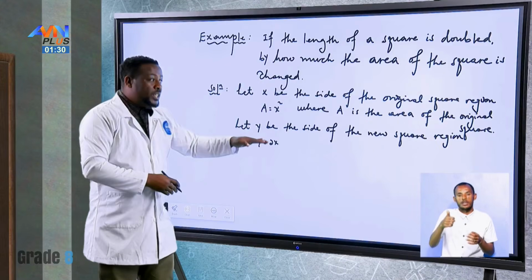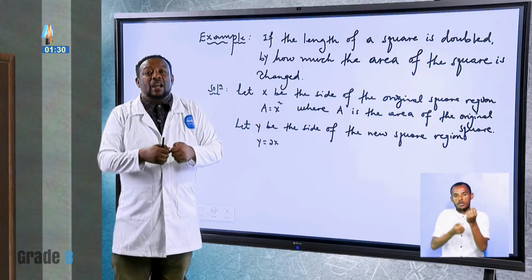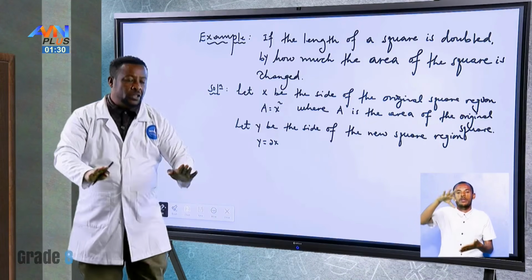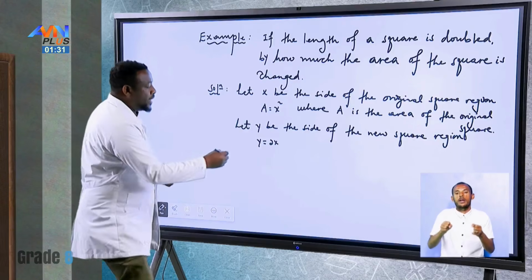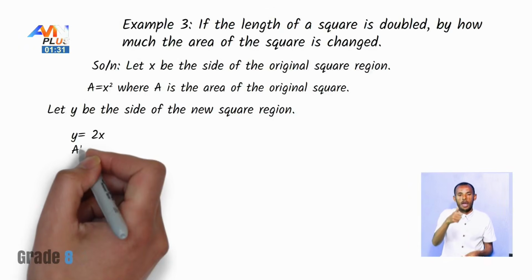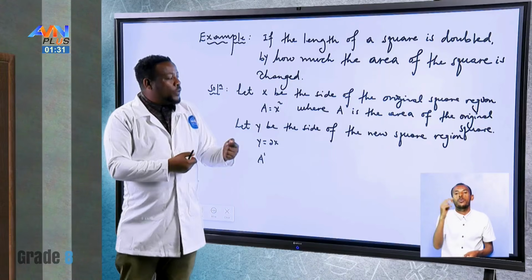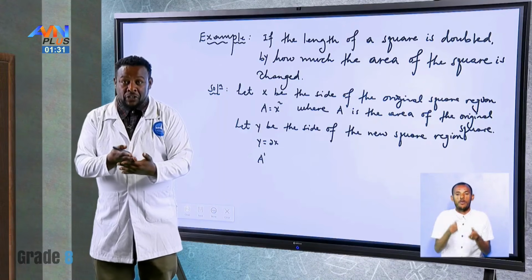So based on this, we can calculate the area of the newly obtained square region. Say A prime is a notation that we use for the area of the new square region.